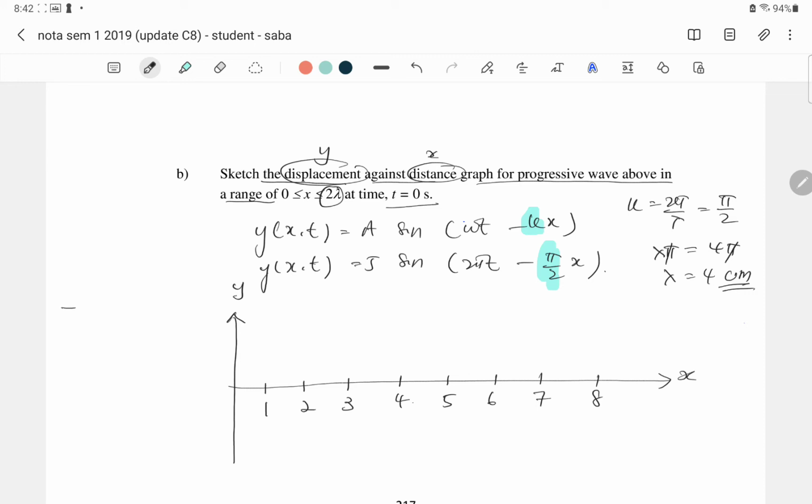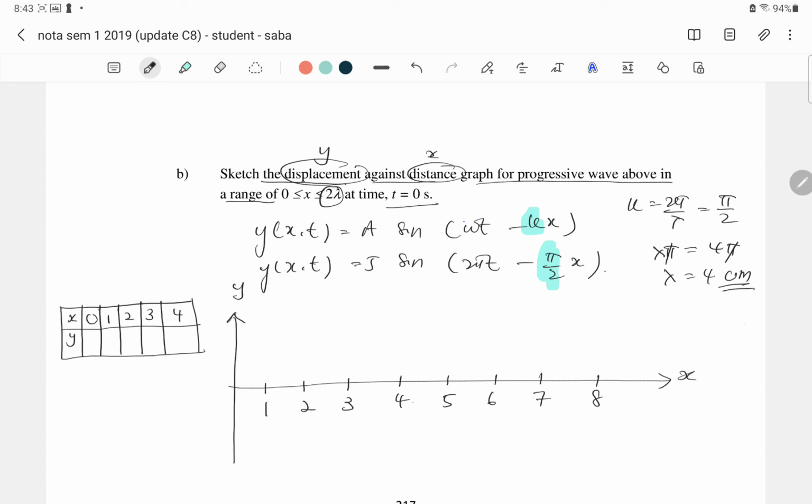So here you write a table. Okay, make a table for x and y. This one is 4, 0, 1, 2, 3, 4.